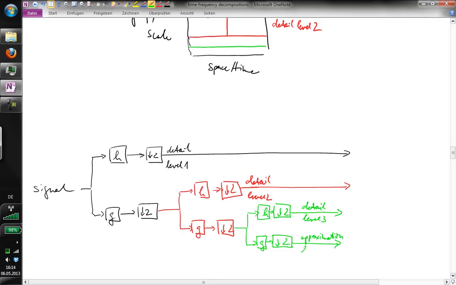Or in more detail, this is the approximation at level 3, whereas the result that I've gotten here would be the approximation at level 2, and there would be the approximation at level 1.